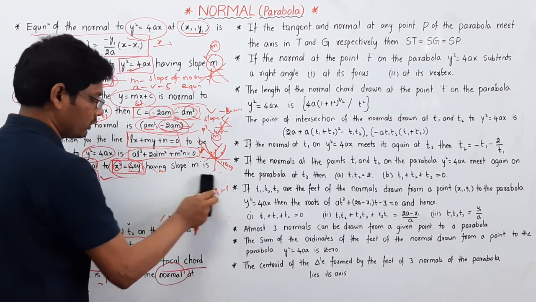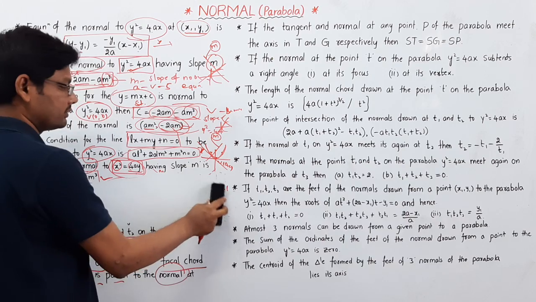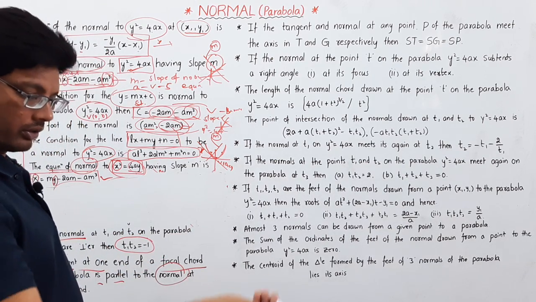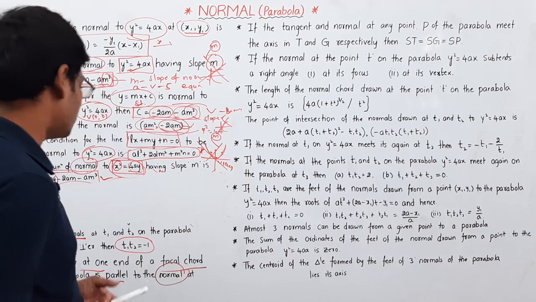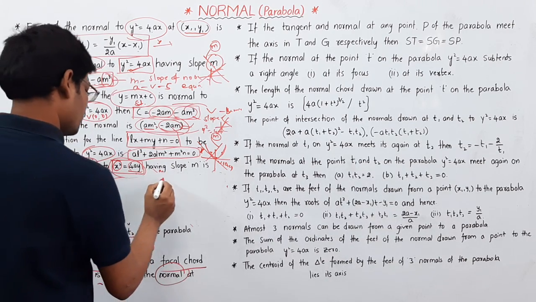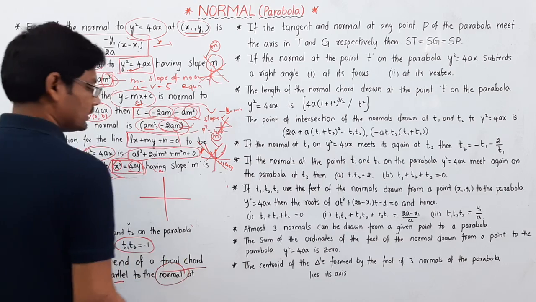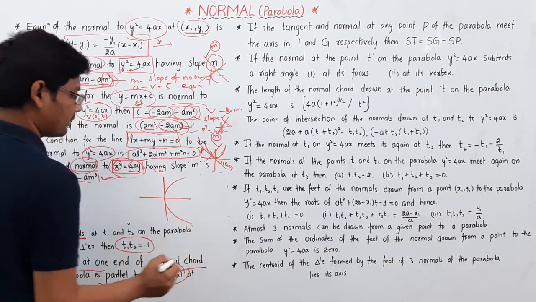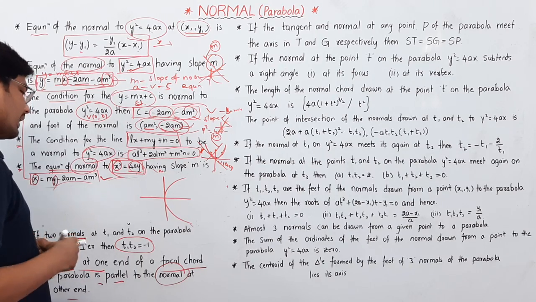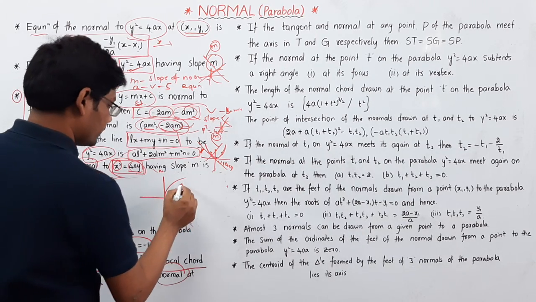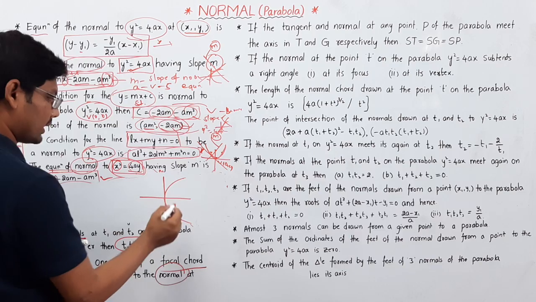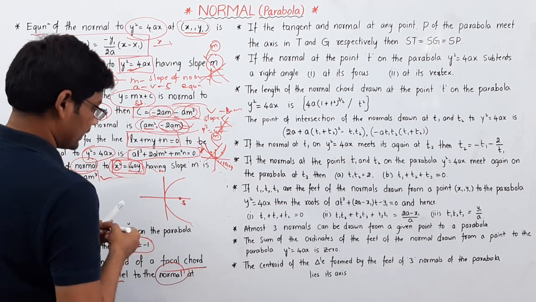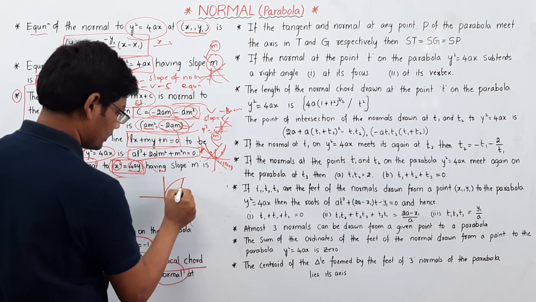So first we have to understand what it is saying. Diagrammatically we can conclude easily. I am taking the axis here, and this is a parabola. I am taking a focal chord, this is the focus S, and this is a focal chord.